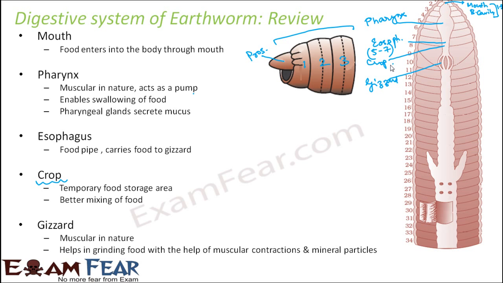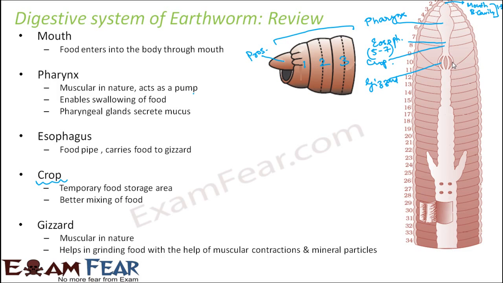Because the food which earthworm eats contains a lot of soil, stones, hard particles, etc. Such particles get ground and also help in grinding other particles. So the gizzard is muscular in nature, helps in grinding food with the help of muscular contractions and mineral particles like stones and rocks. That is why it has this kind of appearance, because it has a lot of muscles within it.